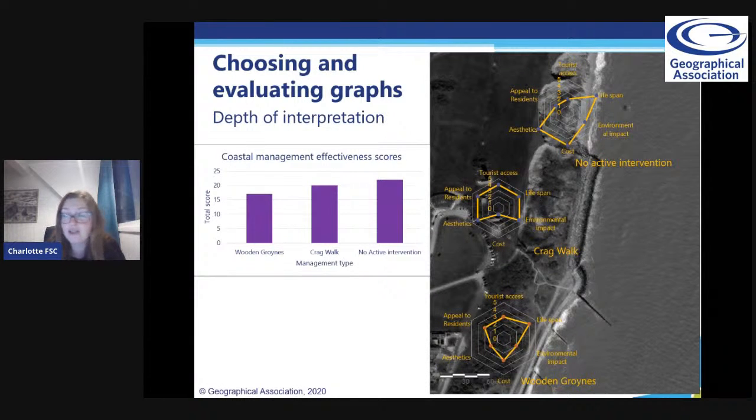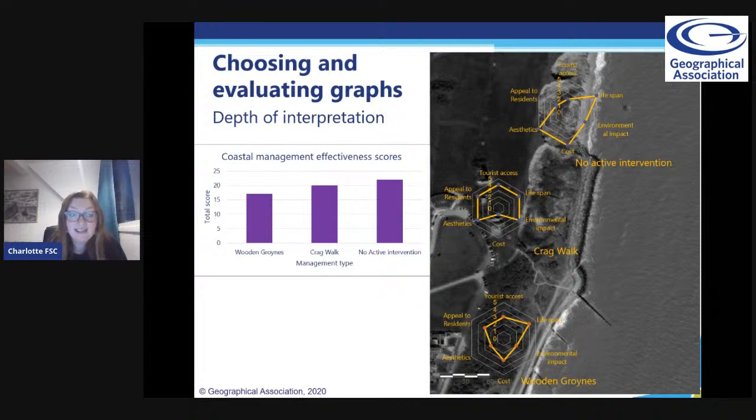They were all 4 out of 5. However, the cost was right down at 1. So quite a low score there, suggesting it costs more than it's maybe worth, maybe more than it's protecting. So in terms of its cost benefit, it's not really benefiting us for as much as it costs.